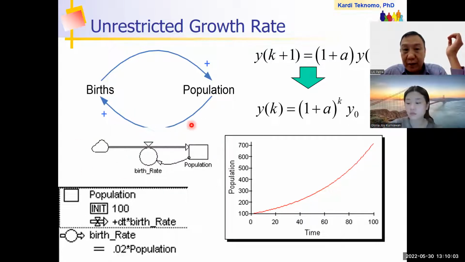And if you put it into an equation, this is the difference equation, right? So you have a certain growth rate here, 1 plus A, and this is the population at time K, and this is the population next year. And you know the solution is this one, and then you get the population increase over time. So this is called unrestricted growth rate.